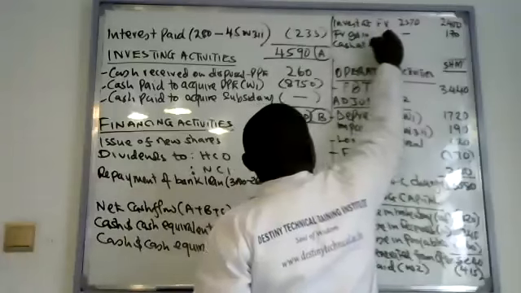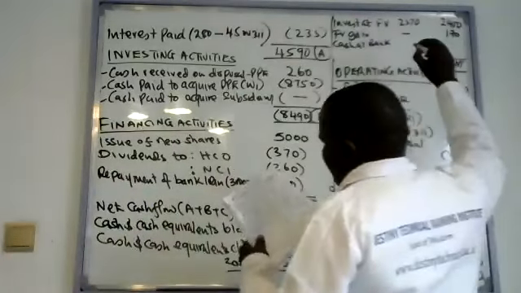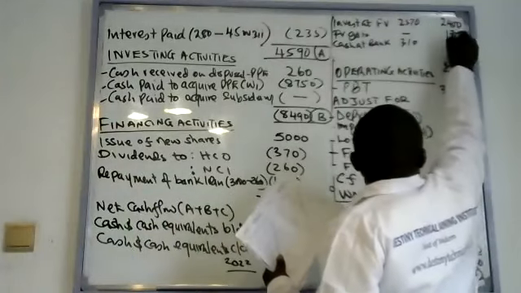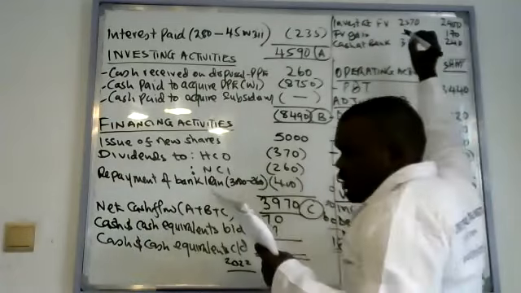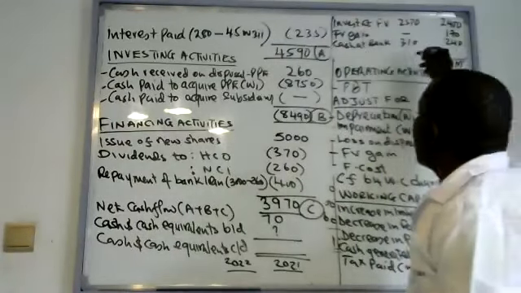Cash at bank. We have 310 and 240. There was no bank overdraft. If there is bank overdraft, you subtract.